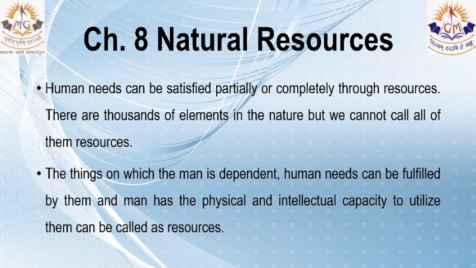Now, what is the source of our food? The source of our food is the cereals, pulses, vegetables, etc. that we get from the fields. Then the source of our food is the plants, the crop that gives us the food material.